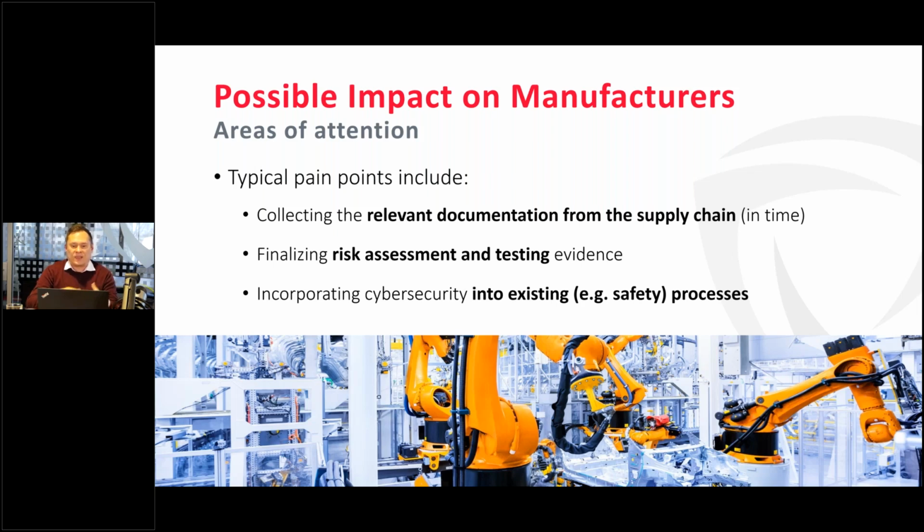Then there's extra information that needs to be continuously monitored, continuously collected, continuously reviewed. So that will probably lead to a considerable effort and quite a lot of back and forth communication between the OEM and the supply chain.